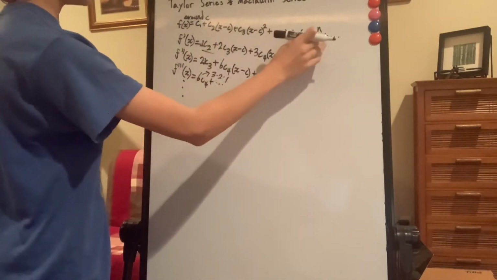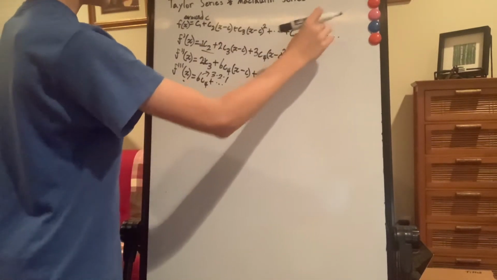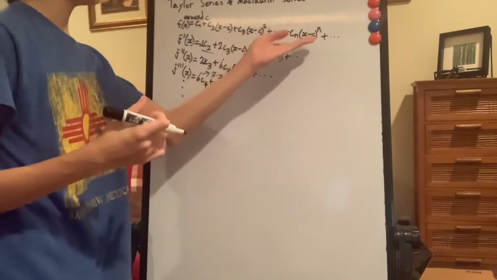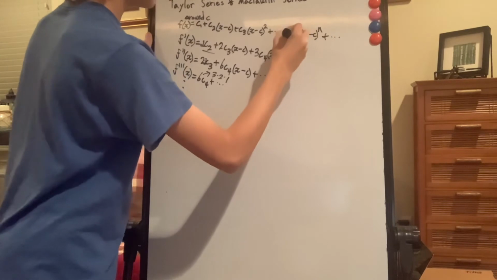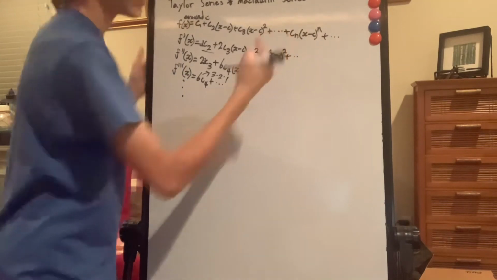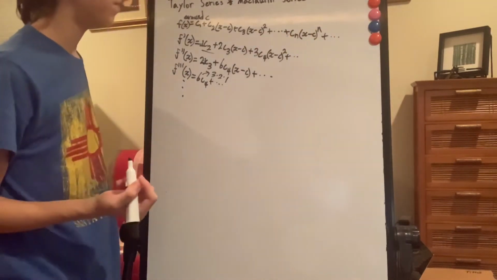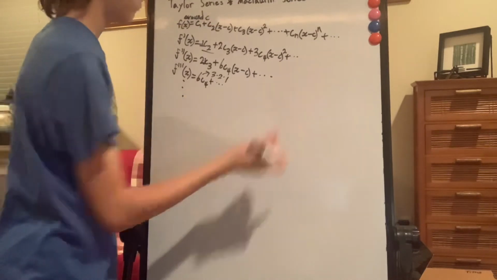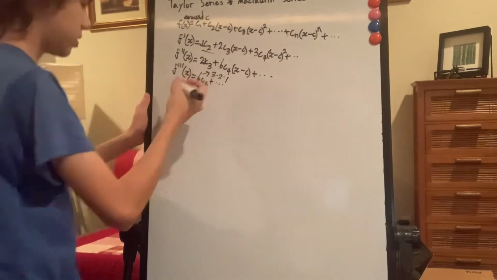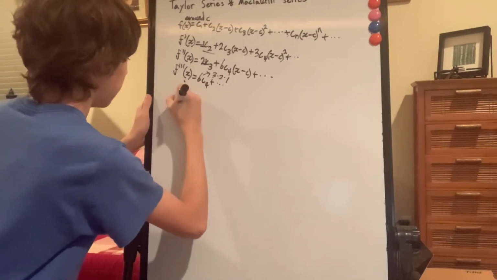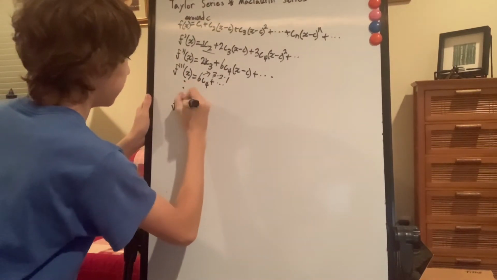All of this will go away because then this will become a constant. And if we keep applying derivatives here, you'll see that this will just become n factorial. The constant here will be n factorial times c sub n, right? And all the other stuff, well, we're just plugging in c, right? So that'll die.